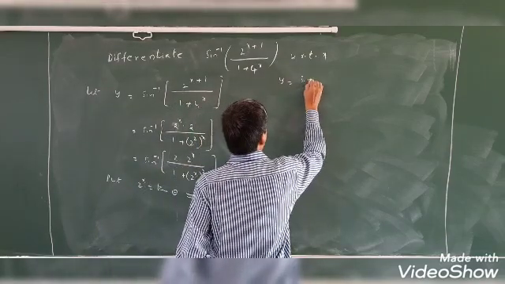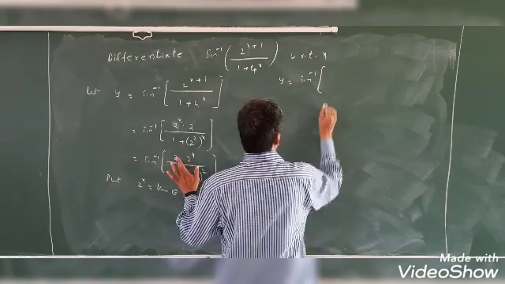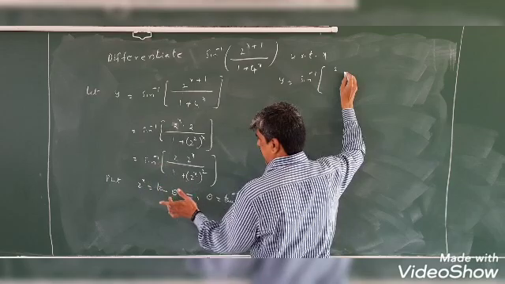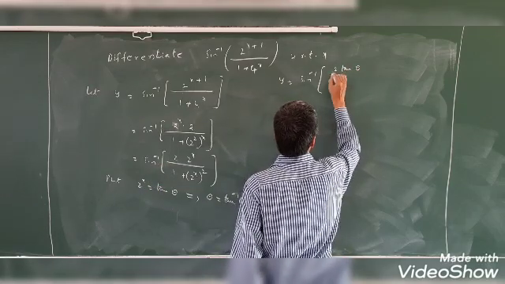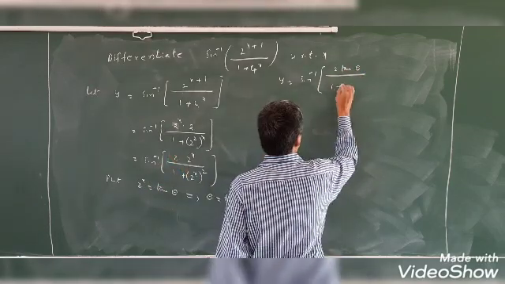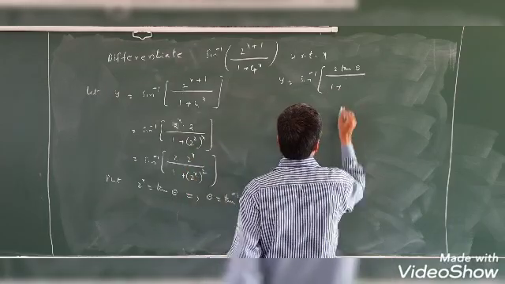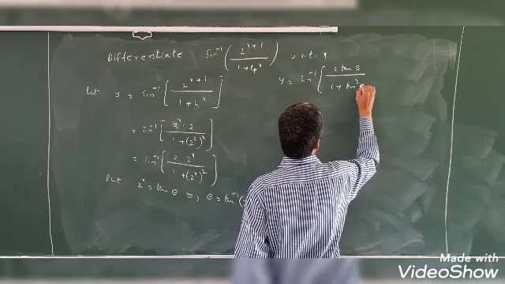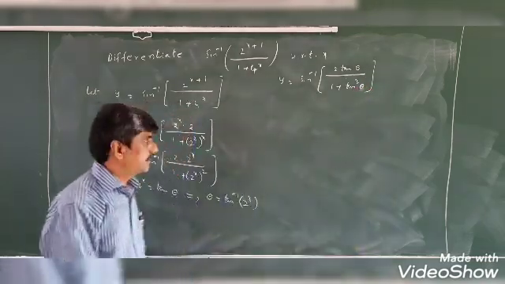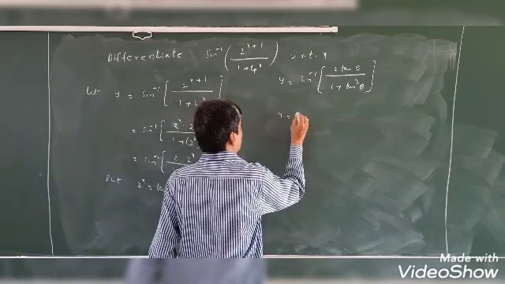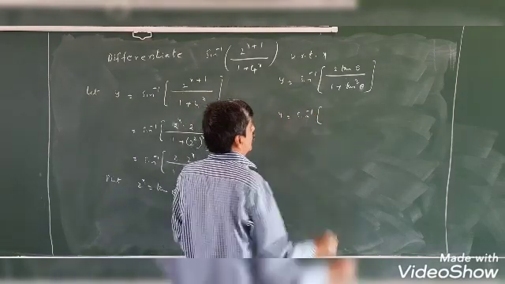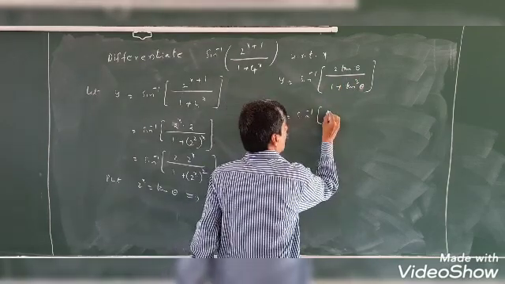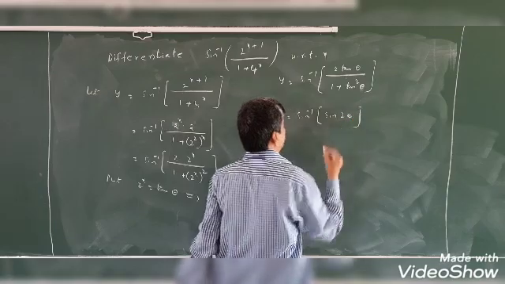By taking this substitution, y is equal to sin inverse of 2 into, this 2 power x is tan theta, so 2 tan theta by 1 plus 2 power x whole square, which means tan theta whole square, so tan square theta. Y is equal to sin inverse of 2 tan theta by 1 plus tan square theta, which is the formula of sin 2 theta.